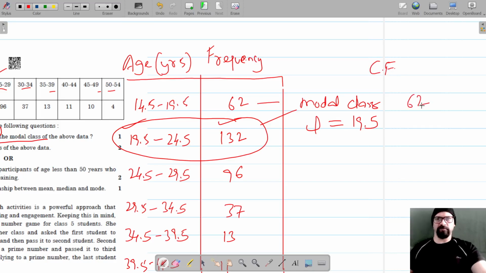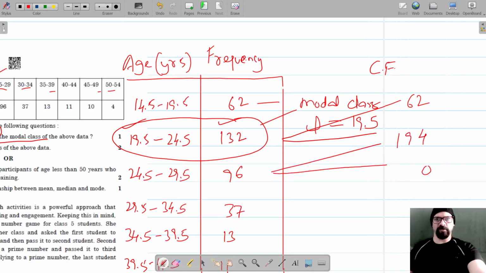Let's write down the first frequency, 62. 62 plus 132 is 194. And 194 plus 96 gives me 290, and 290 plus 37 gives me 327.